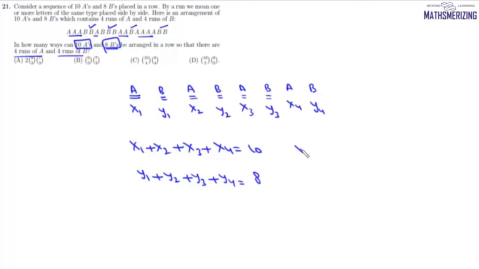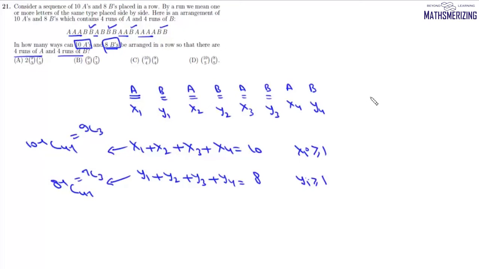And we have to find the number of positive integral solutions, because in each run there has to be at least one A or one B. So in the first case, the number of positive integral solutions is n-1 C r-1, so it will be 10-1 C 4-1. In the second one, it will be 8-1 C 4-1. Now this is 9C3 and this is 7C3.